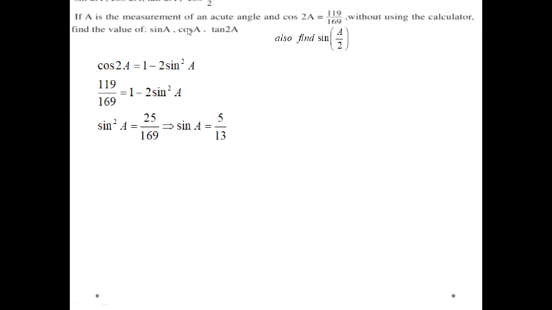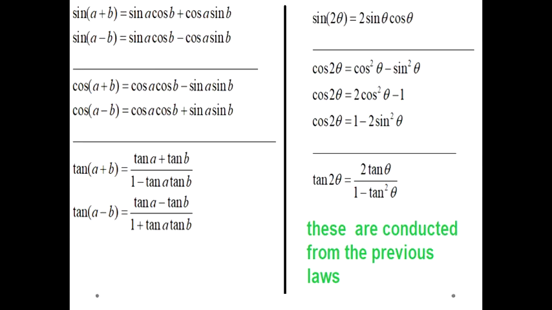Okay? How about cosine A? I will give you some time. Try to find a formula that connects cosine 2A and cosine A. Back to the law that we have. Here's the one. Very good. The second one, 2A and A. Do you understand? The double for cosine only. I don't have to deal with sine anymore. I need cosine 2 theta and cosine theta.